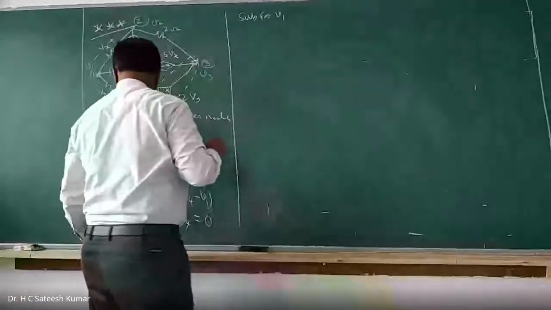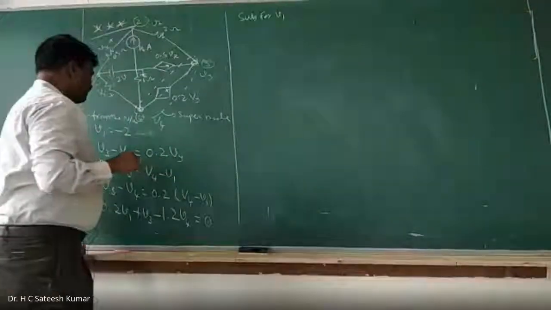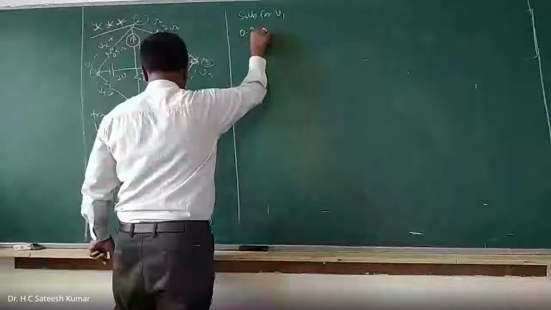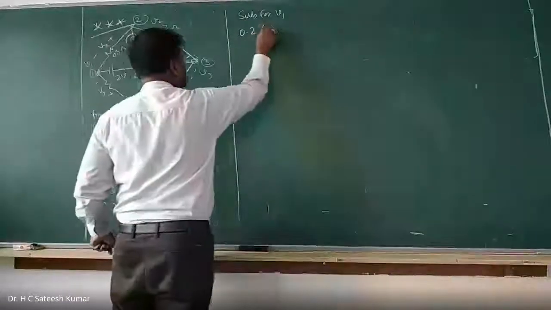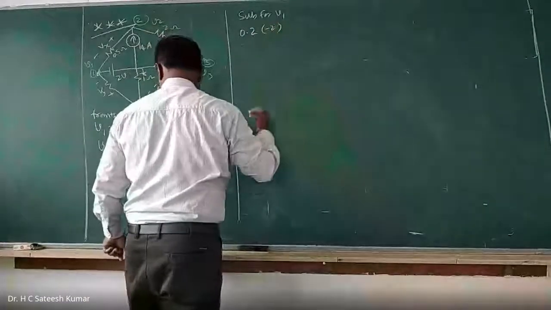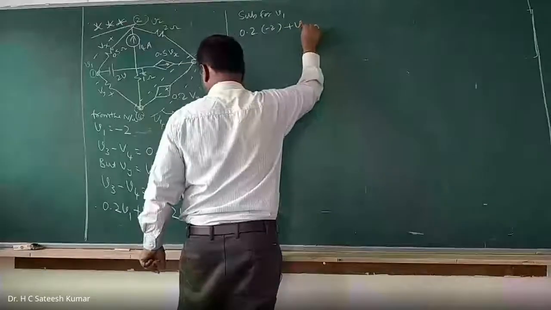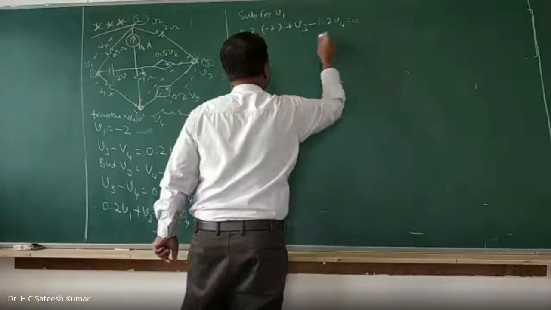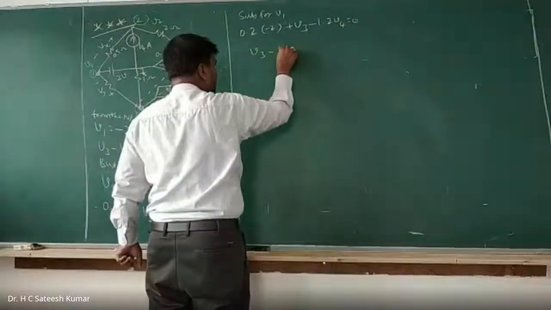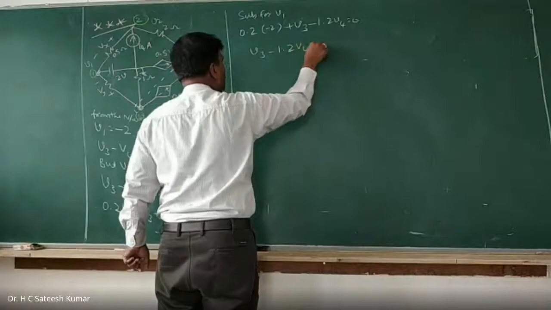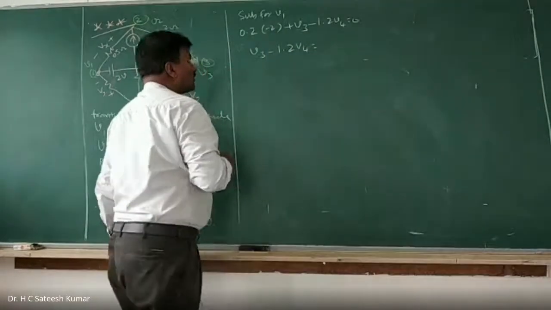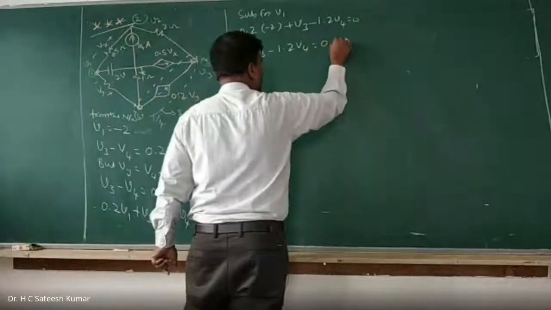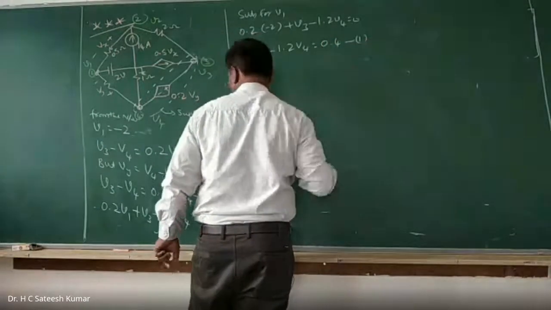If you substitute for V1, we get 0.2 into V1, which is minus 2, minus 2 plus V3 minus 1.2 V4 is equal to 0. Therefore, V3 minus 1.2 V4 is equal to 2 into 2, 4 minus 0.4. Minus 0.4 transfer to the right hand side, plus 0.4. Call this equation number 1 now.